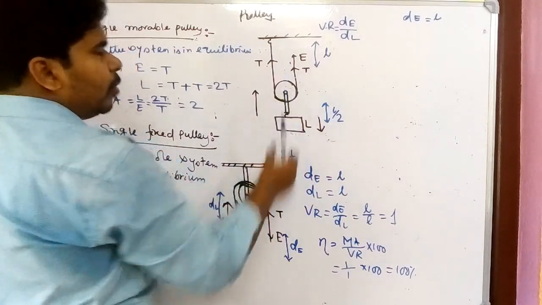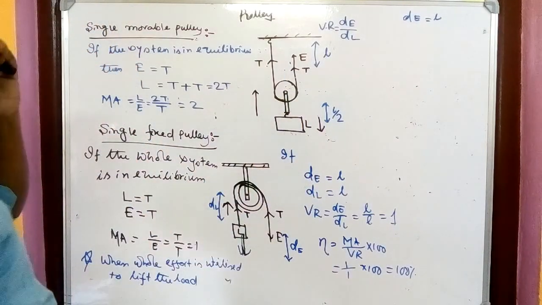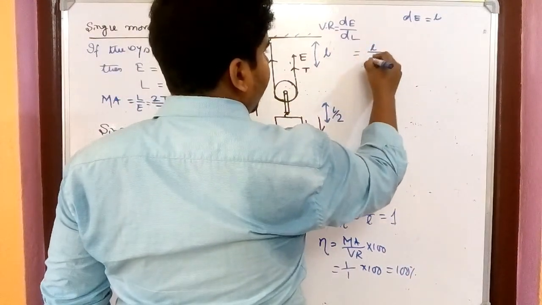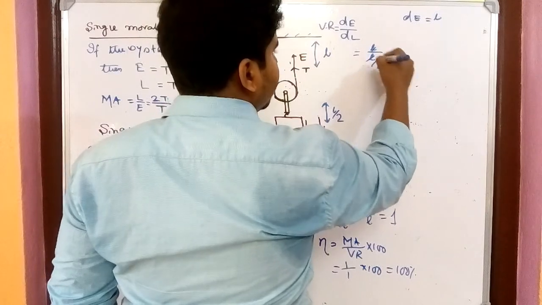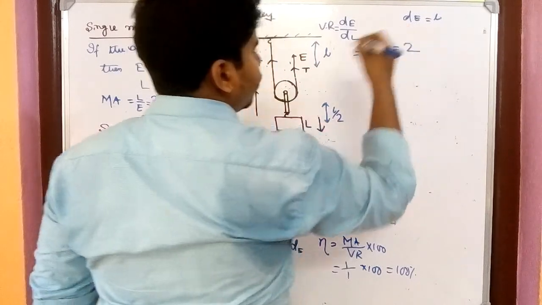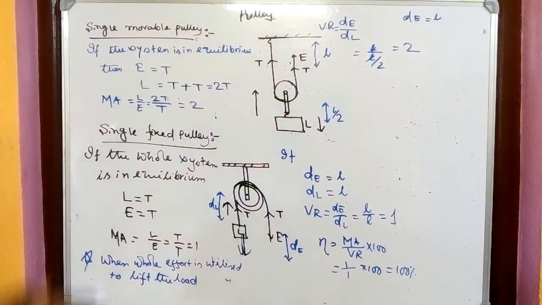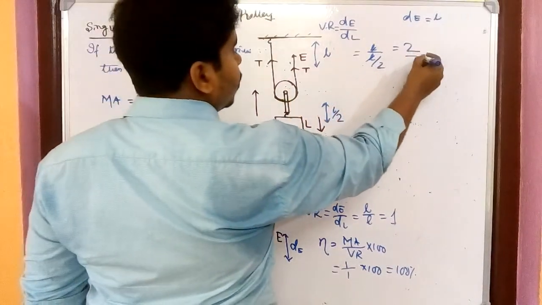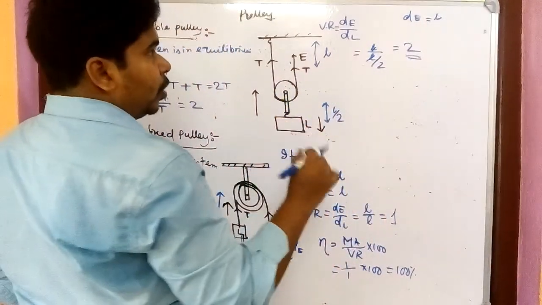So the load will be lifted by L by 2. And here if I put the value L by 2, this 2 will come upward, that is 2. And velocity ratio we can say is a constant thing for a single movable pulley, that is 2.